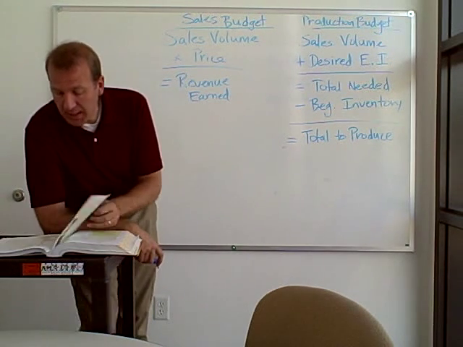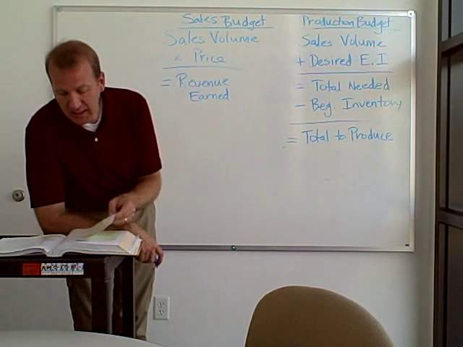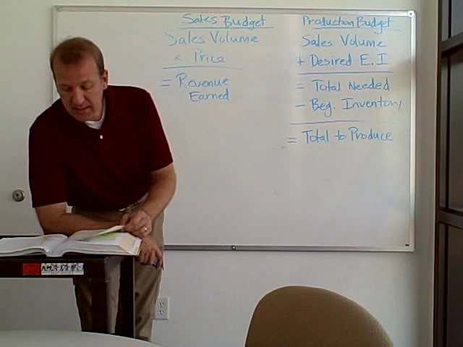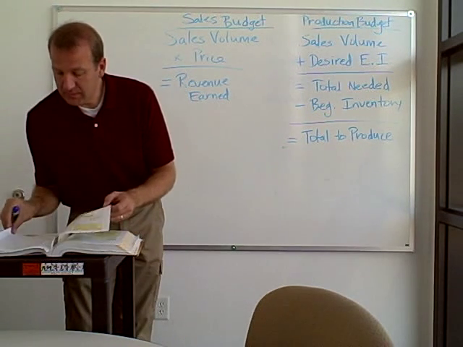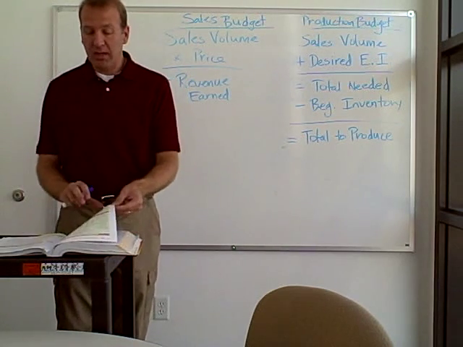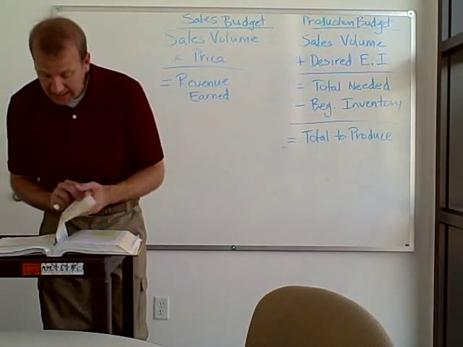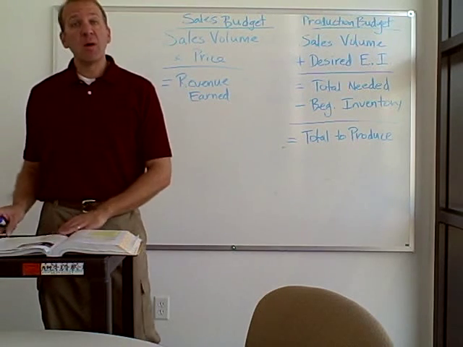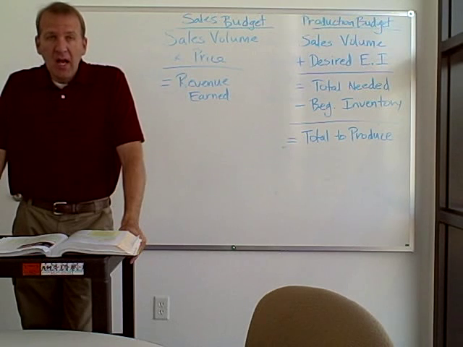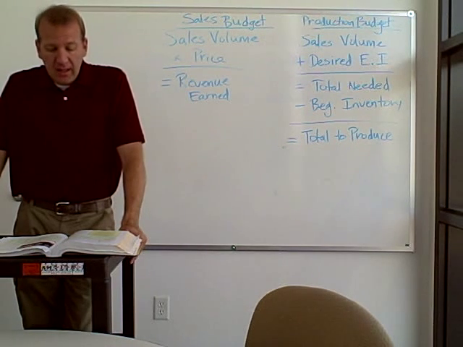And then the next two budgets are Schedule 5 and 7. Schedule 5 is the manufacturing overhead, and 7 is the selling and administrative budget. So it's Exhibit 5 and Exhibit 7. They work in the same way. For Exhibit 5, this is the overhead budget, and they divide it up between variable overhead and fixed overhead.